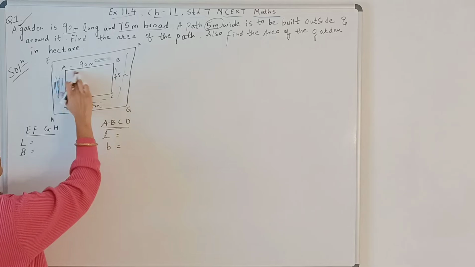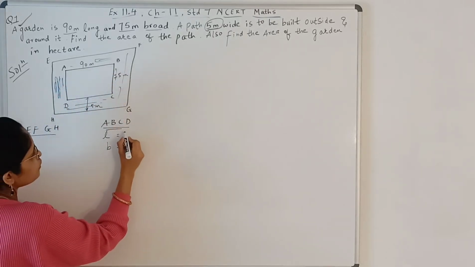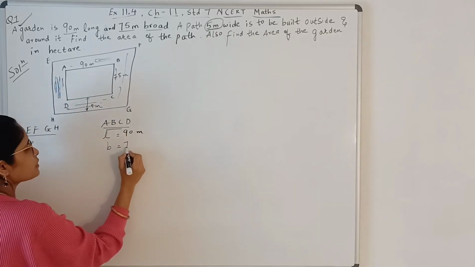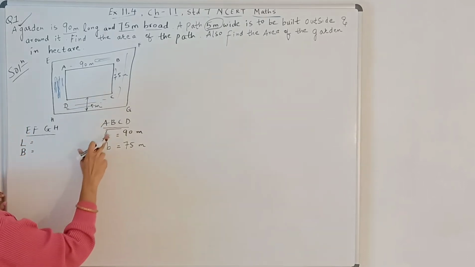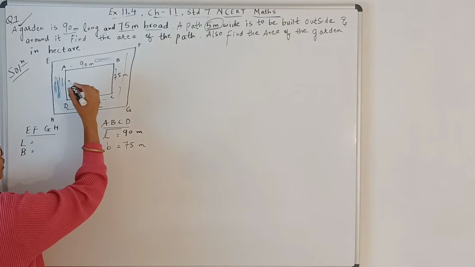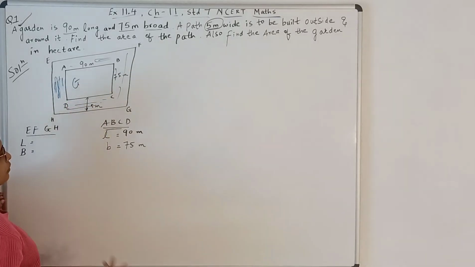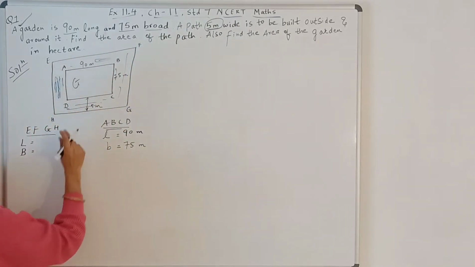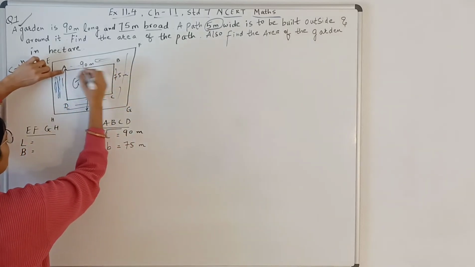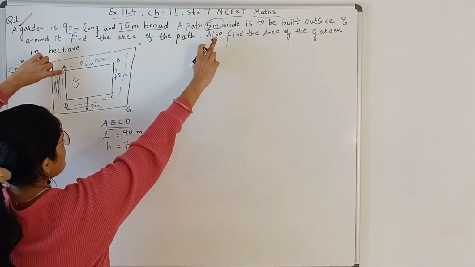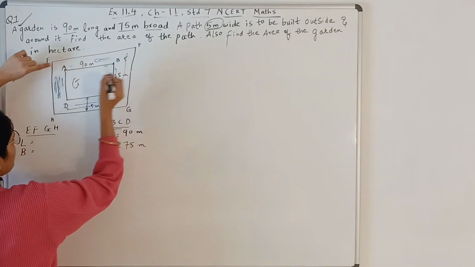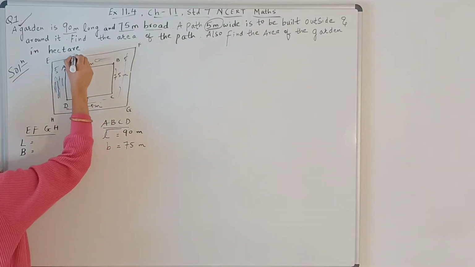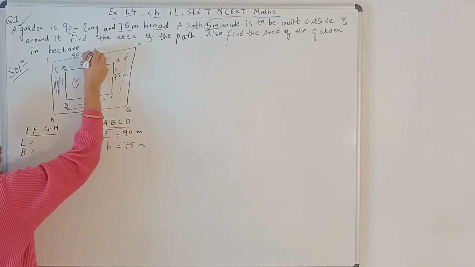The length of the rectangle ABCD is given, this is 90 meter, and the breadth is given as 75 meter. This is the length and breadth of the garden ABCD. Now for the outer EFGH, what will its length be? 90 meter is given, this part from here to here is 90 meter. Now the path is 5 meter wide, so here 5 meter and here also 5 meter. So you have to add 5 + 5, 2 times. So the length of the outer one will be 90 + 5 + 5.